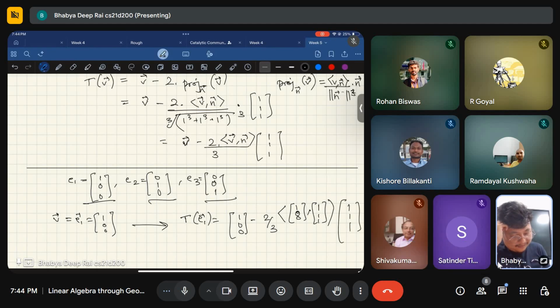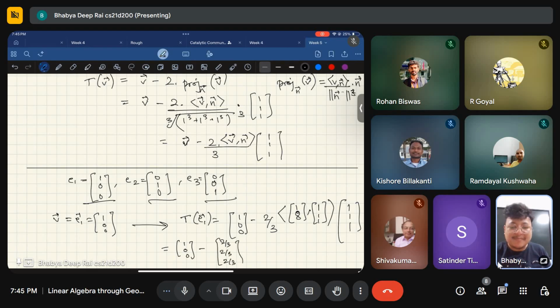The inner product is nothing but 1 here, times 1, 1, 1. So this becomes 2 by 3, 2 by 3, 2 by 3.